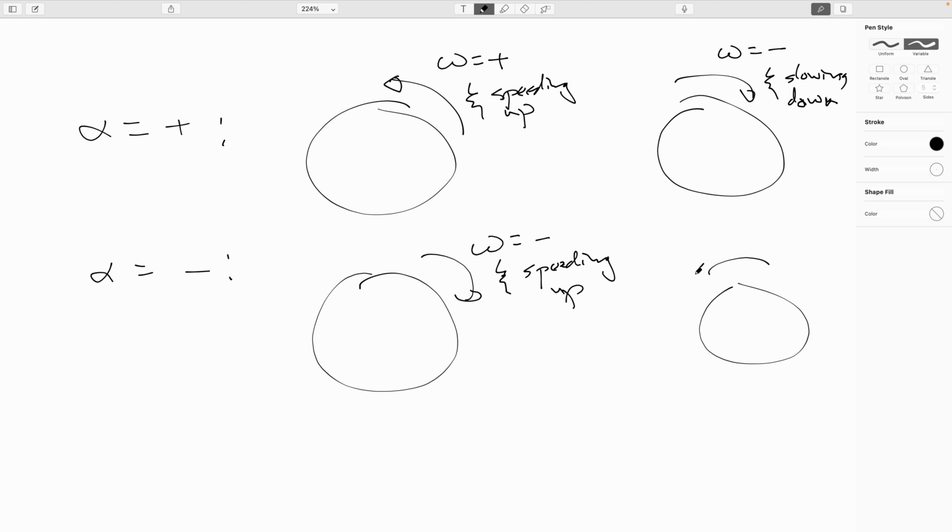Or that's rotating counterclockwise, which would mean that omega is positive and it's slowing down. So then you're starting with a big positive number, you're ending with a smaller positive number. That's a negative change to the angular velocity, and so thus the angular acceleration is negative.